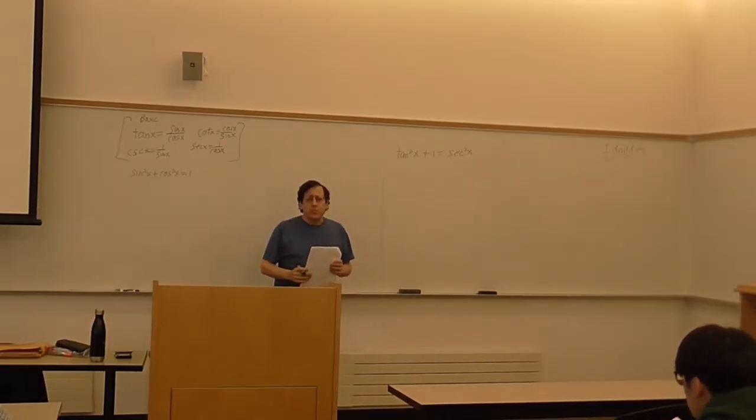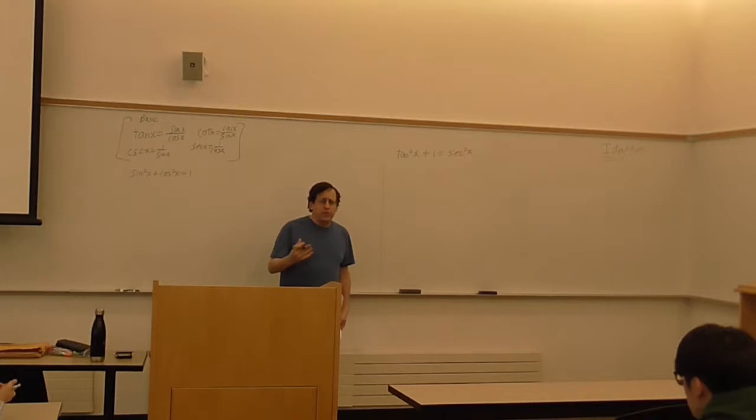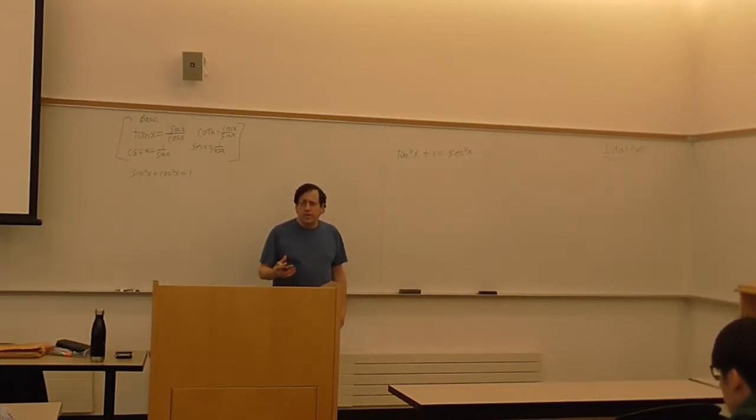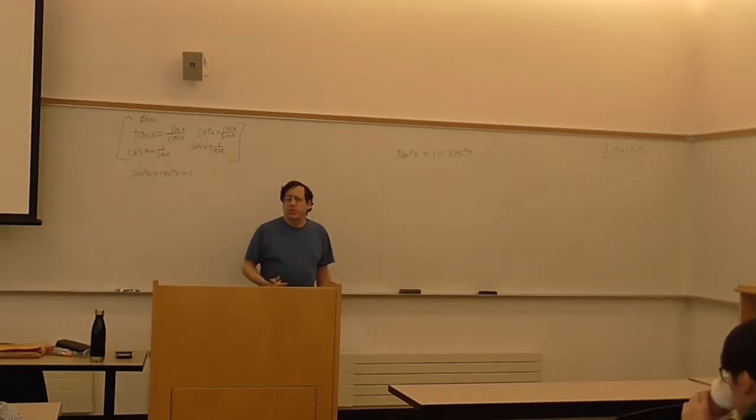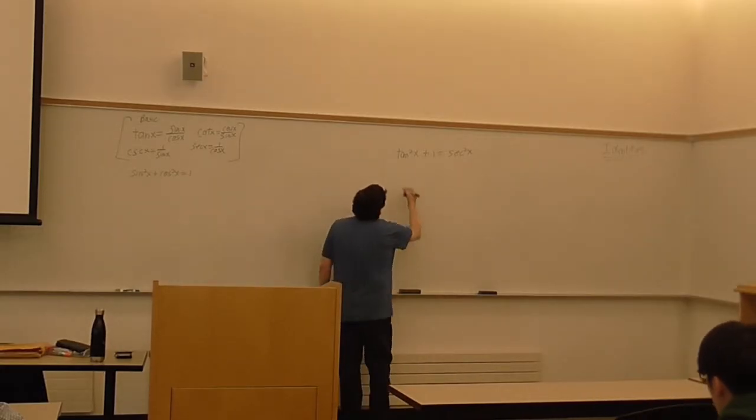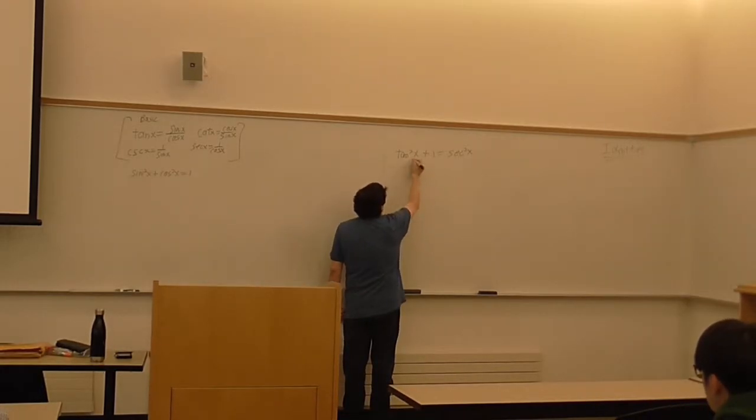Okay. So one strategy in trying to solve these identities is to convert everything to sines and cosines and see where that leads you. So here I'm going to convert tangent squared x to, well, first of all, that's sine of x over cosine of x squared.